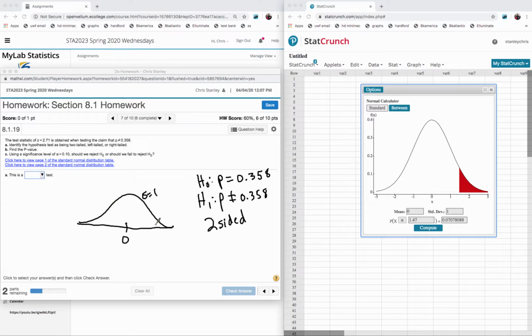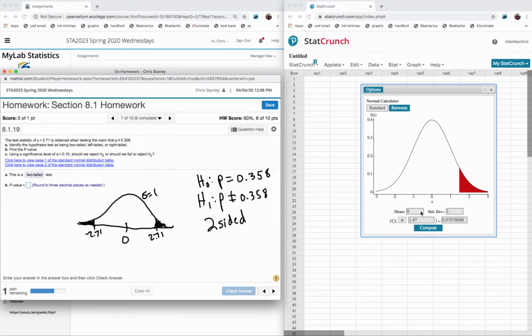Now the p-value is to the outside of the z, to the extreme of the z. But since this is two-sided, you have to go to negative 2.1 also. It just doubles the shade on the extremes. So this is two-sided, or two-tailed.